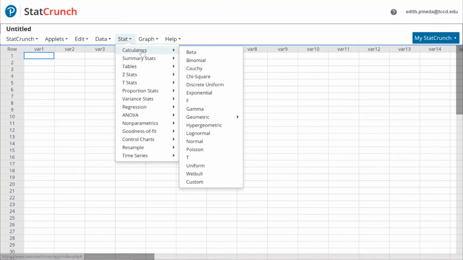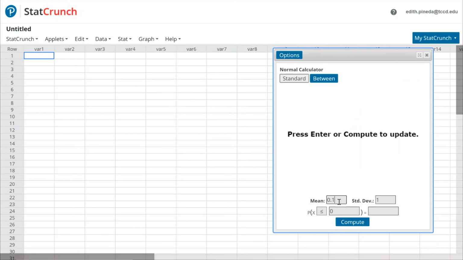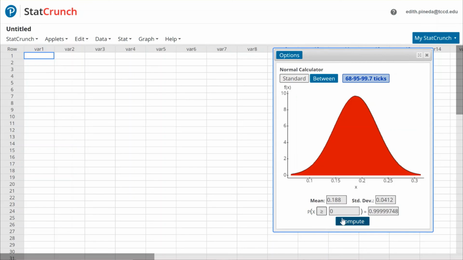Let's go to Stat, Calculators, Normal. We have that the mean is 0.188, and the standard deviation is 0.0412. We want to find the probability that we have at least 19 overweight children, so we will use this one.